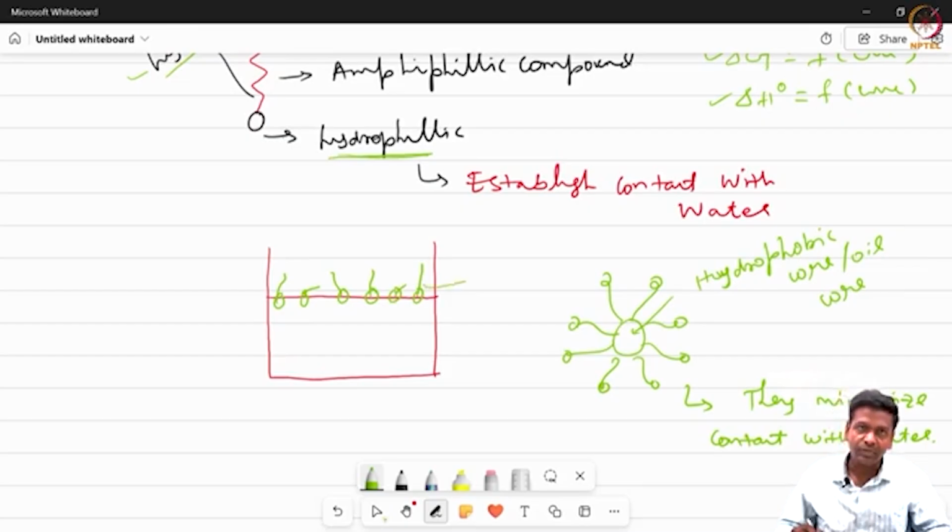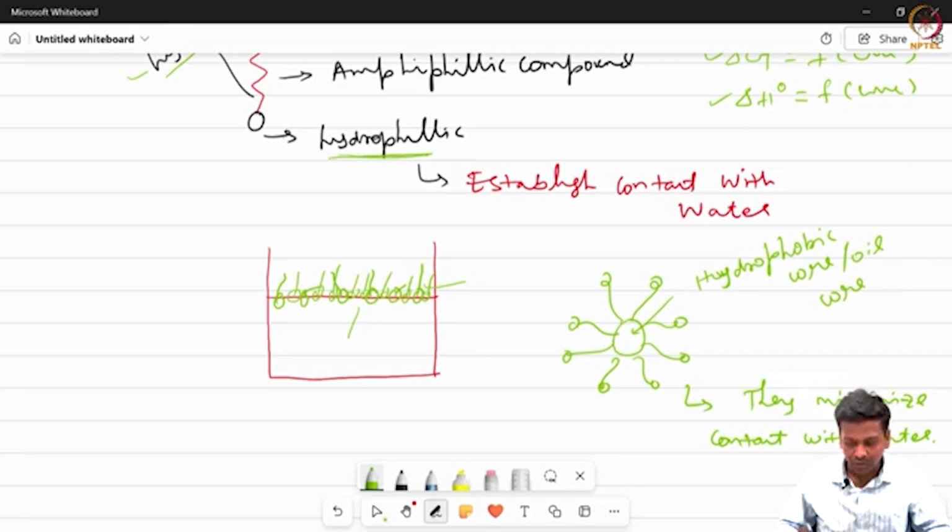Now the question comes, what if we keep adding the surfactant into the aqueous solution? Beyond some concentration, when they are arranged in a condensed manner, there is not going to be any space available. So whatever we add further will go to the bulk.